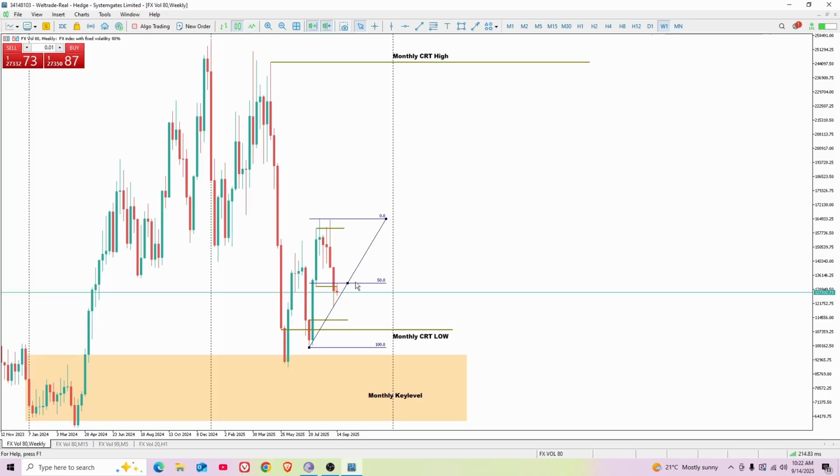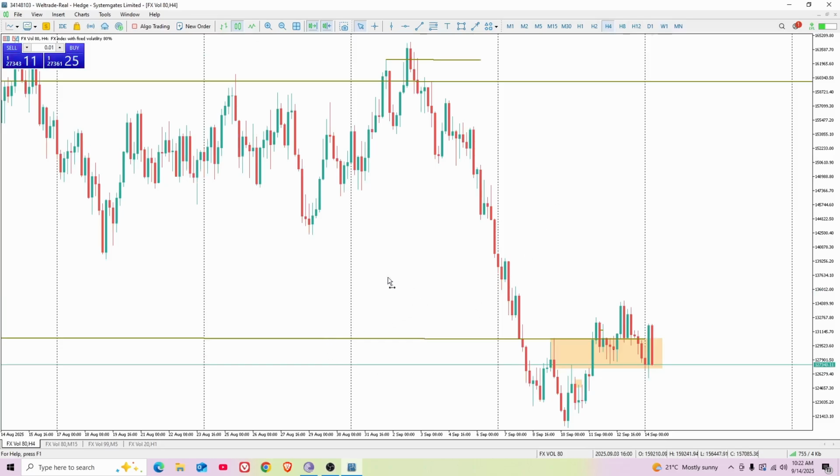We are below 50%, and from here the market can decide to move higher and take out that high. I'm not ignorant of that. Therefore, I'll use my 4 hour to tell me when the market is ready to move higher to those highs, right? So we'll move down to the 4 hour chart to see how the structure looks.